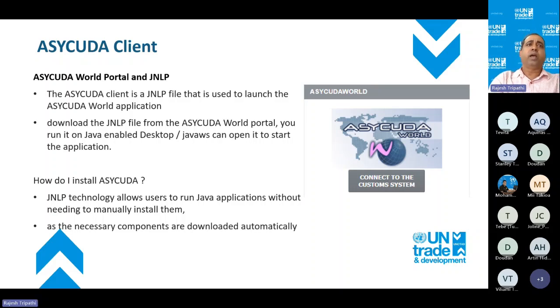So for ASYCUDA, actually, there is no installation requirement. What it requires is a desktop that has Java enabled on it or Java environment set on it. So each time you run ASYCUDA, it is automatically downloaded from the server to the client's PC.